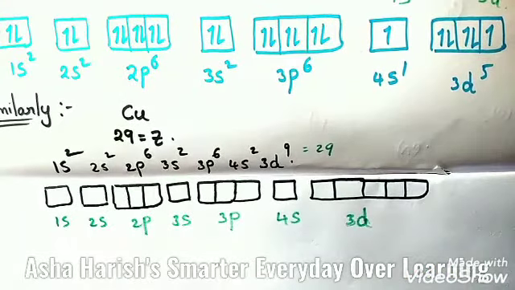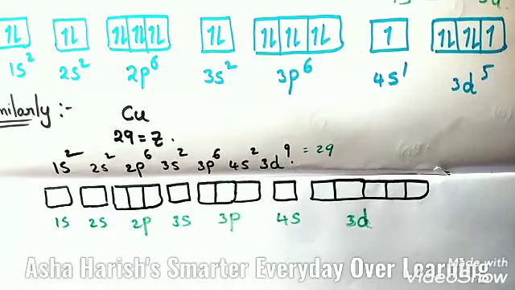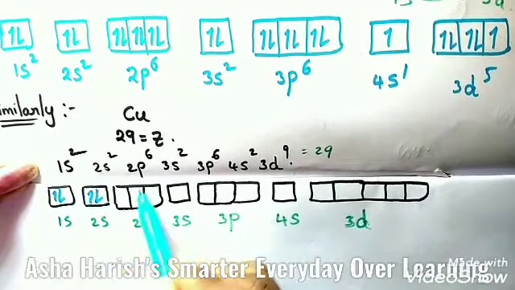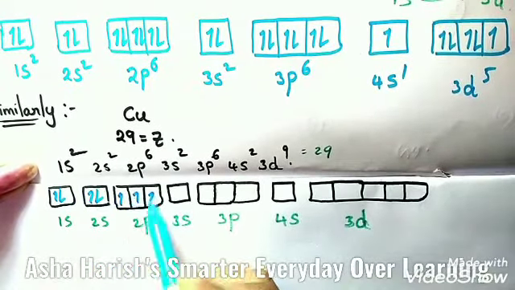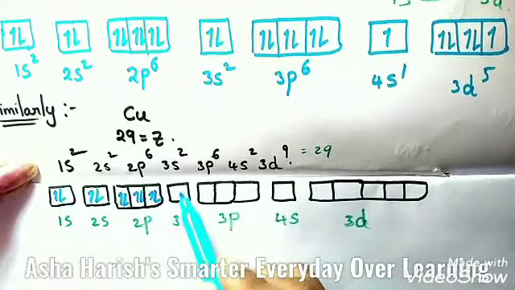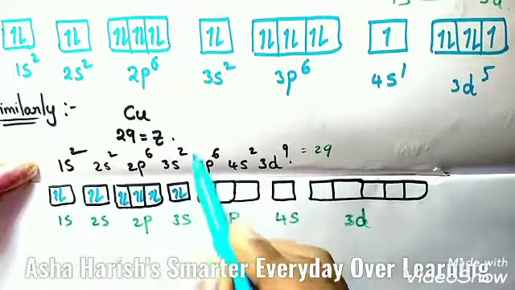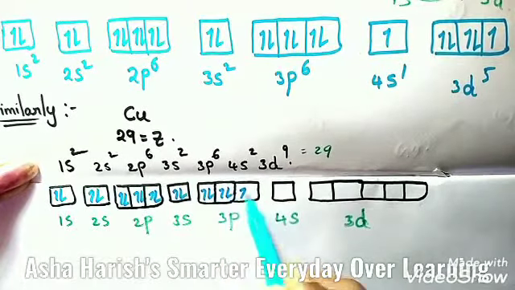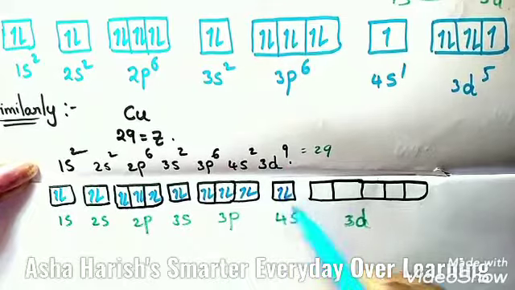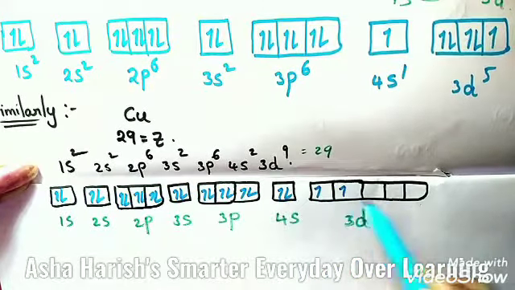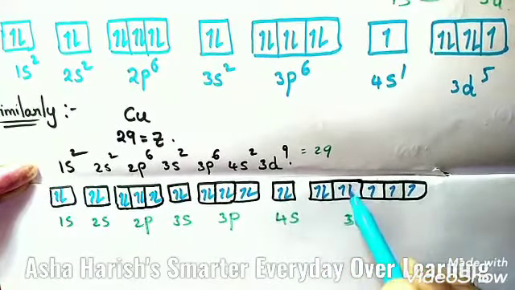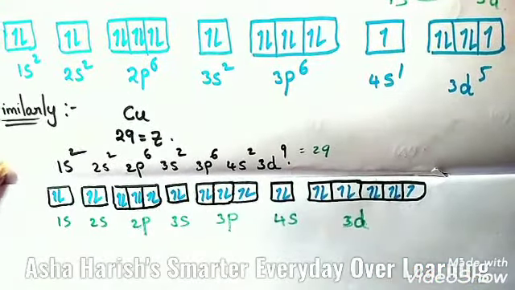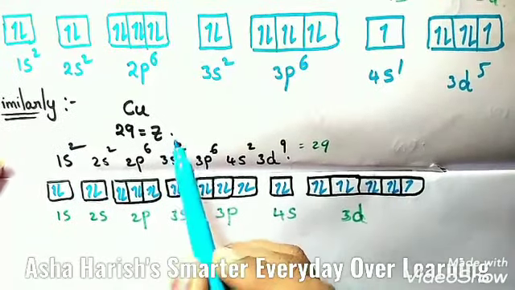And if you write the electrons inside the orbitals, students, 1s2 means 2 electrons, again 2s2, 2 electrons, 2p6 means 6 electrons, you should draw like this, and 3s2 again 2 electrons, and 3p has 6 electrons like this, students, and 4s 1 and 2, 3d9 means 1 2 3 4 5 6 7 8 and 9, like this you should write, students. This is the electronic configuration for copper.